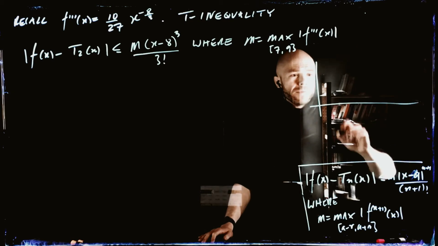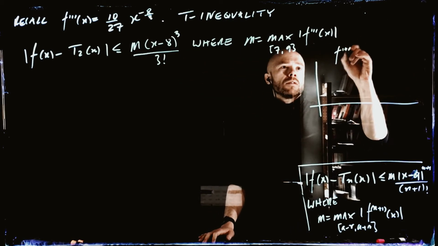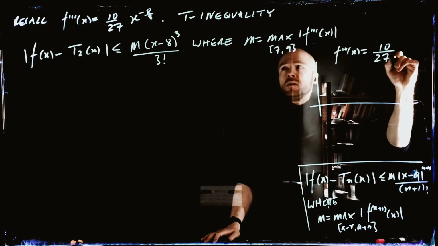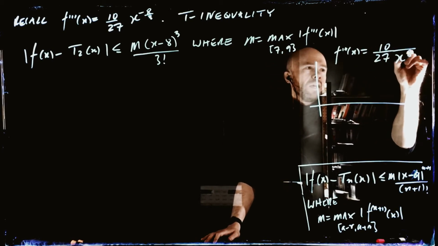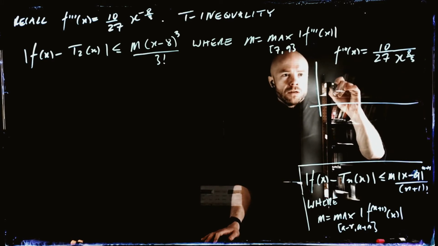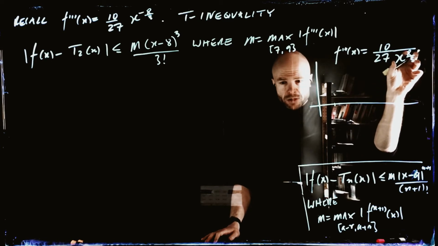Let's take a look. So this thing equals 10 over 27 x to the 8 over 3, right? So if we start with 1 and increase x, as we increase x, the thing on the bottom increases.